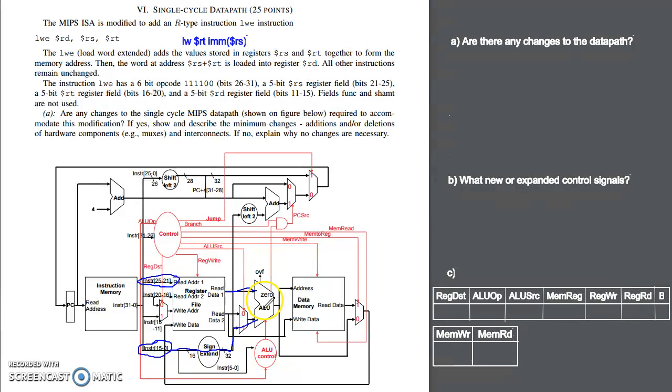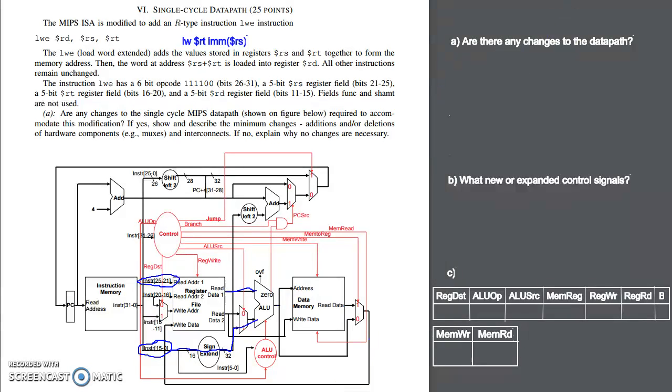The ALU will add together RS and the 32-bit sign-extended shift amount, and that becomes the address that you read from memory. Then the word at that address is pushed through that mux and put right into your write data. What you'll be writing to is register RT right there. Okay, so that's how a basic load word instruction works on this single cycle data path.